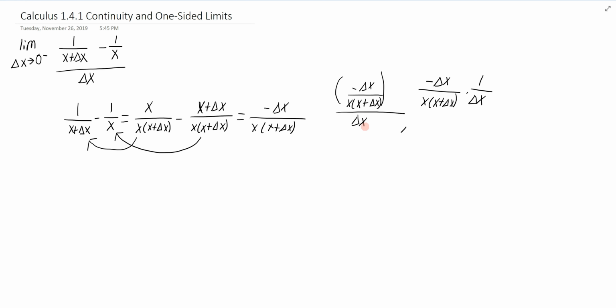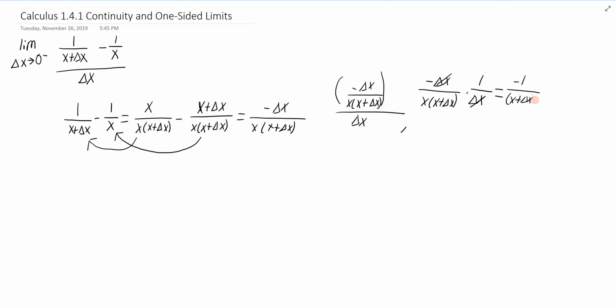So the reciprocal of delta x is 1 over delta x. And this is extremely helpful because look, we got this shared delta x value. So you can just cross this out and we get negative 1 in the numerator over x plus delta x times x.